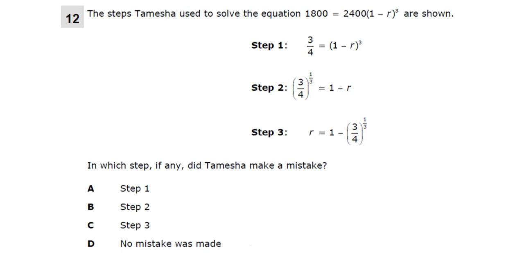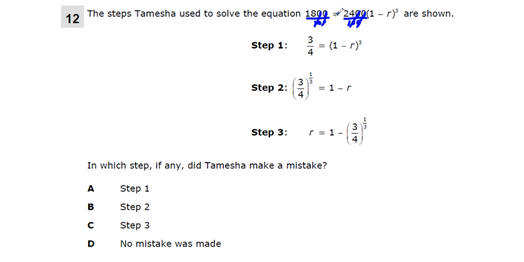Number 12. The steps Tamisha used to solve the equation 1800 equals 2400 times (1 minus r) cubed are shown. And what they're doing in these steps is combining some things to kind of disguise what they look like. As you look at this, you can divide both sides of this equation by 100, and so these zeros will cancel out.